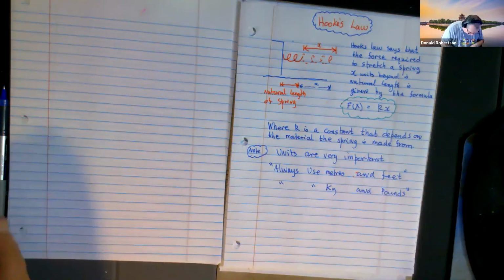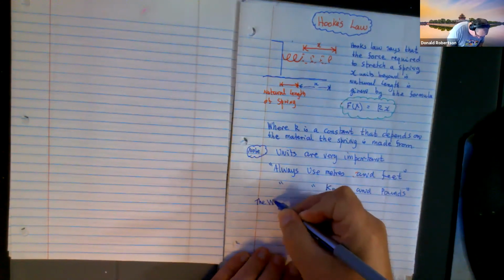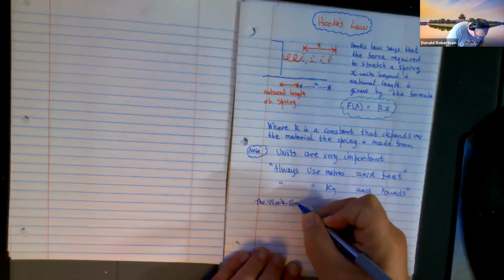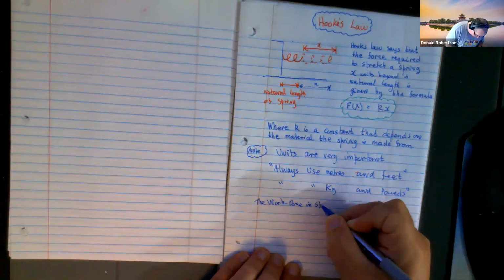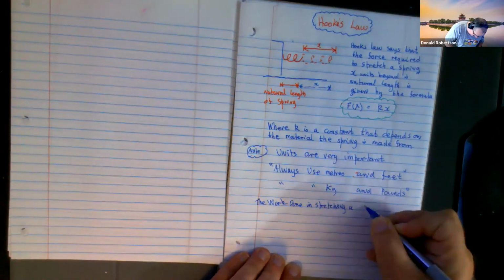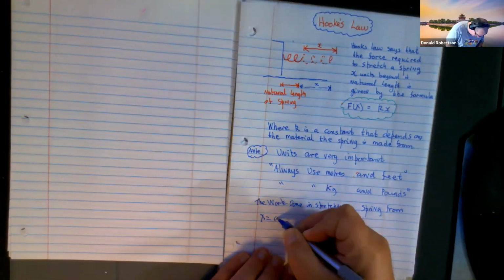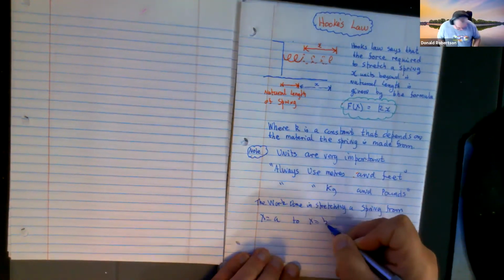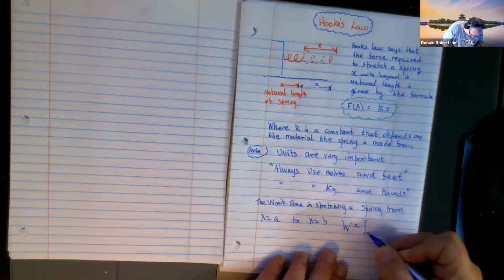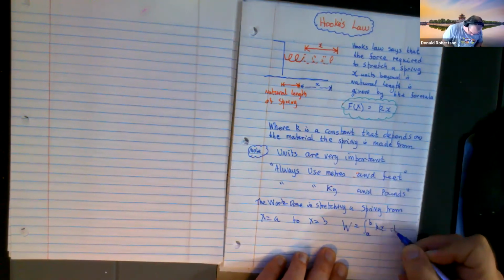Now, of course, if you want to know the work done in stretching a spring from x = a to x = b, in other words, a units beyond its natural length to b units beyond its natural length, it is given by the integral from a to b of the force function dx.